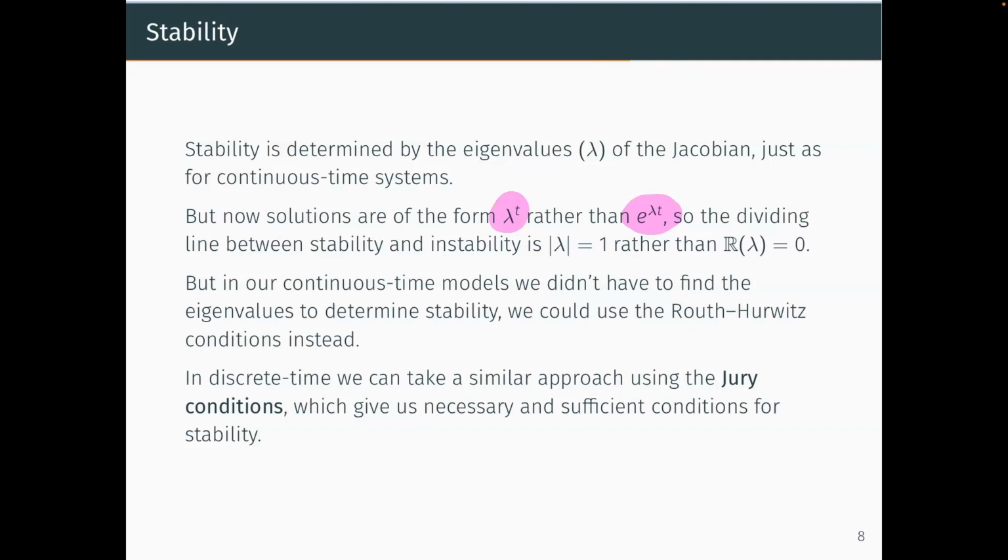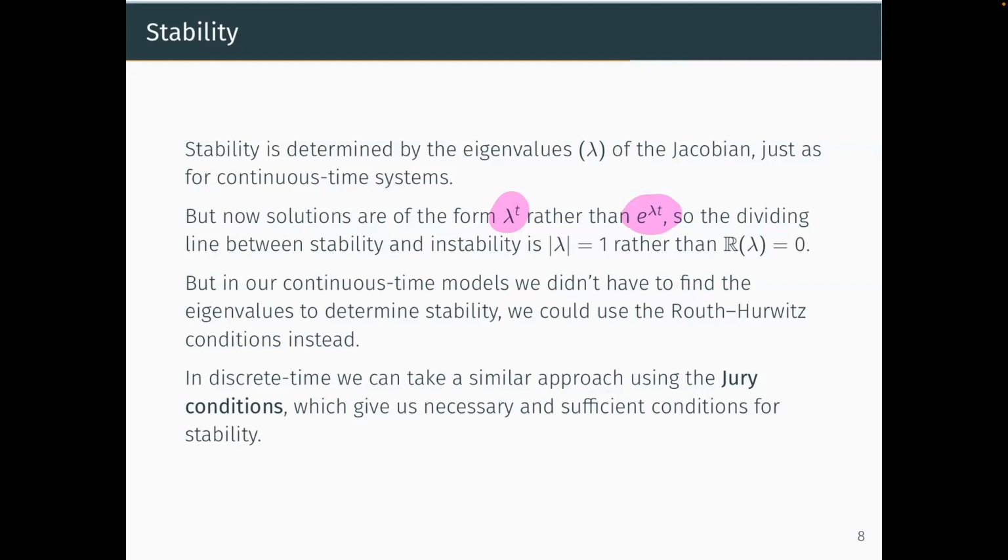So that's the threshold for stability and instability in 2 dimensions in a continuous time model, but in a discrete time model in 2D, we now need to think about the modulus of this lambda being less than 1. Okay, so if we're taking something here to be less than 1, we want that to be shrinking over time. So it needs to be less than 1 here.